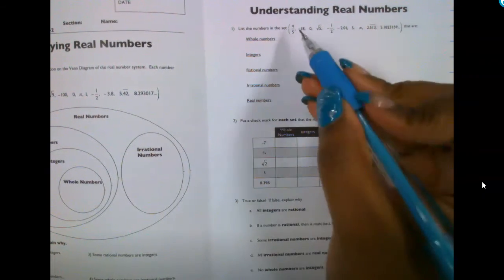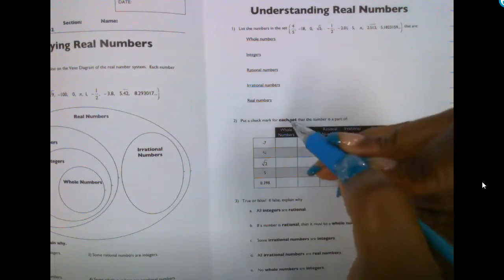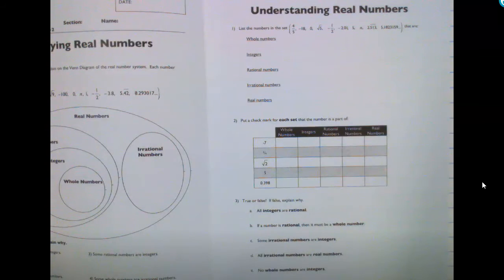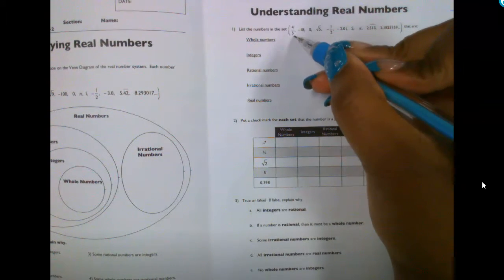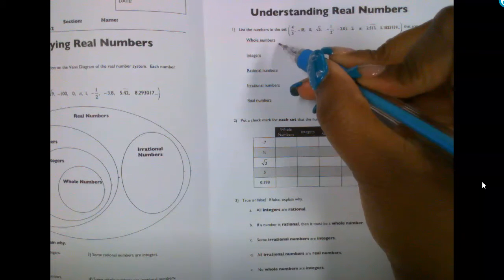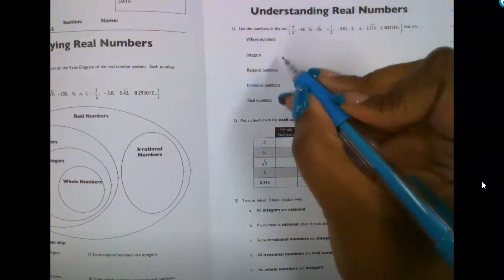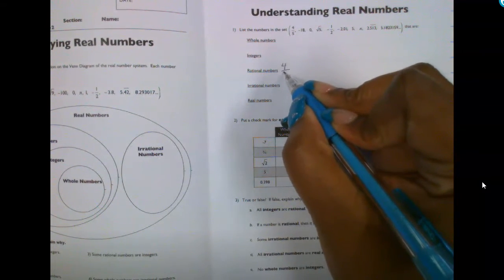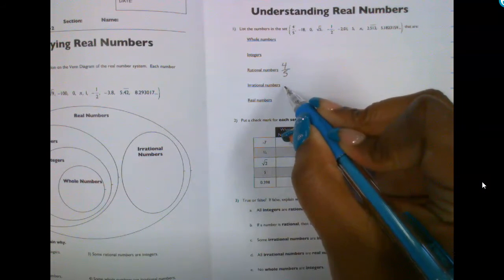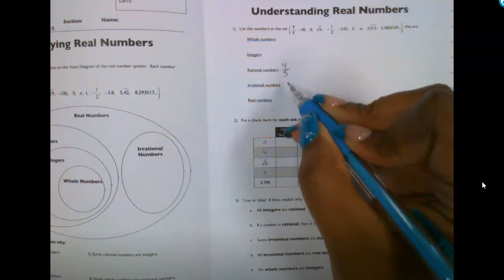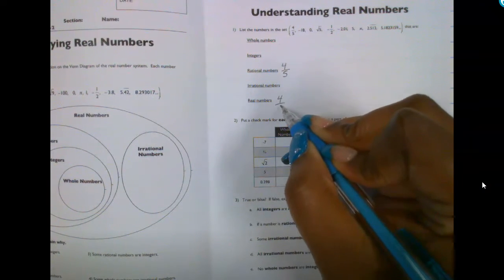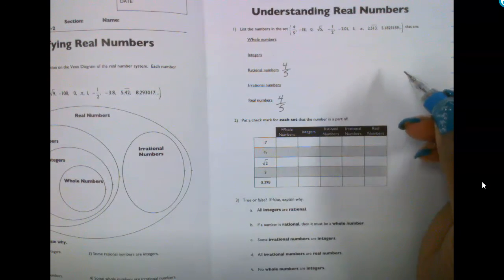All right, so we're going to take this list of numbers and put it into the right category, okay? So here we have 4 over 5. 4 over 5 is not a whole number, it's not an integer, but it is rational. It's not irrational. A number can't be both rational and irrational, but all numbers are real numbers, okay?